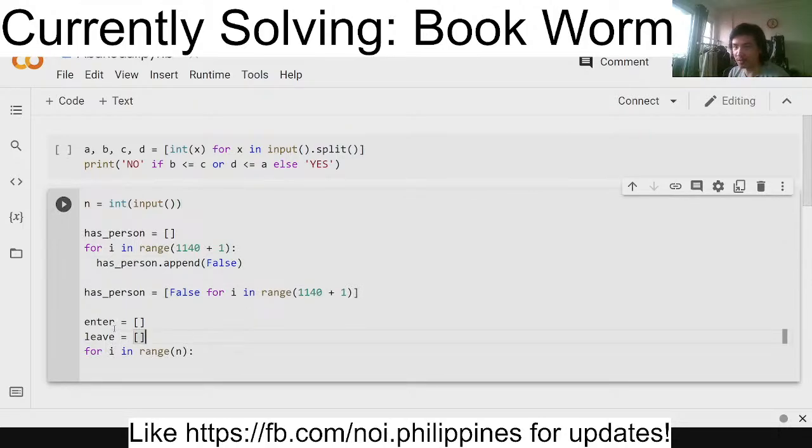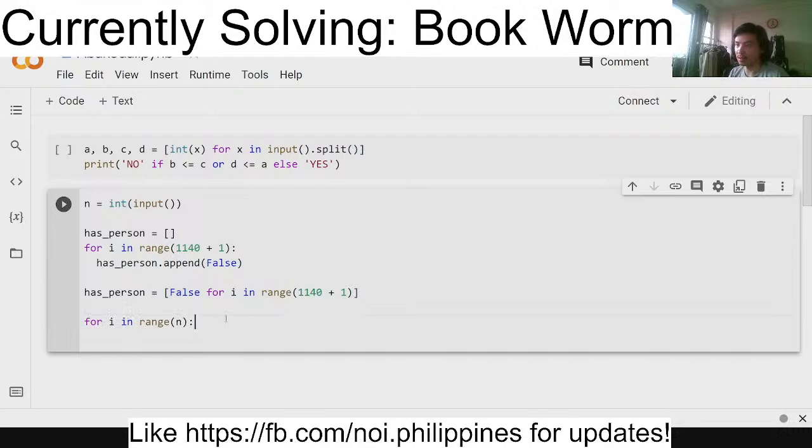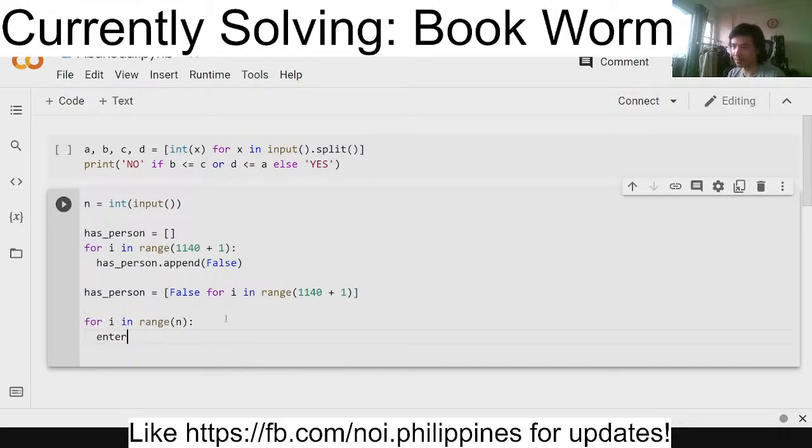I don't need to save the enter and exit times. I can just compute their effects as I'm reading them, right? I'm not really using them anywhere else anyway. So I can get the enter time and leave time.